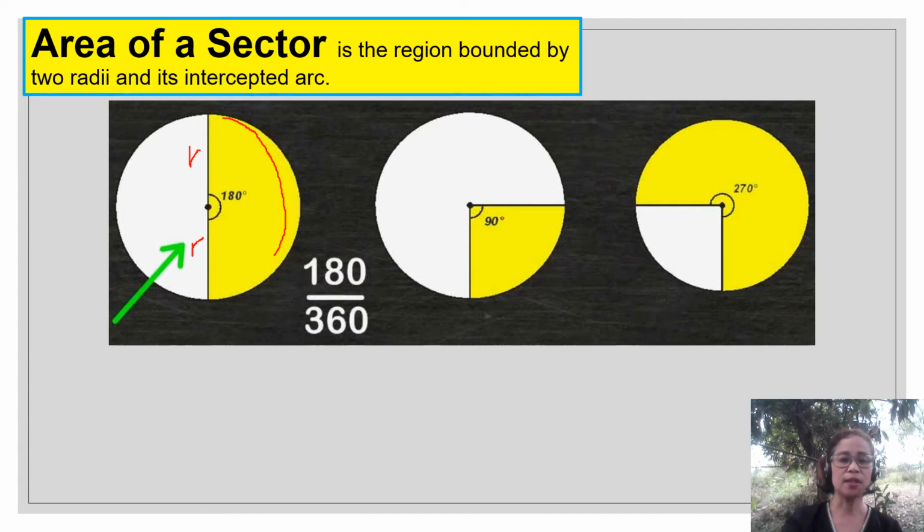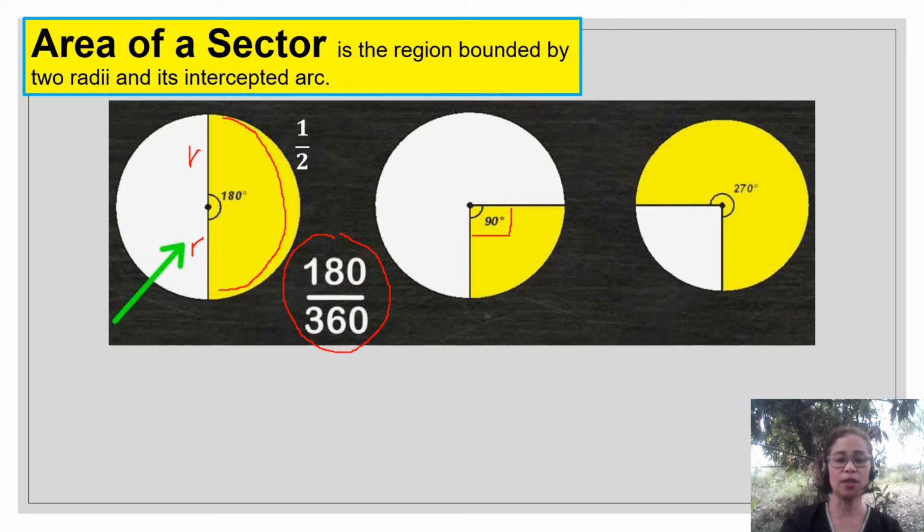The central angle here has a measure of 180 degrees. Therefore, this portion of the area of a circle can be represented by 180 over 360 degrees, or simply it is 1/2 of the whole area of the circle. The second one has a central angle of 90 degrees.